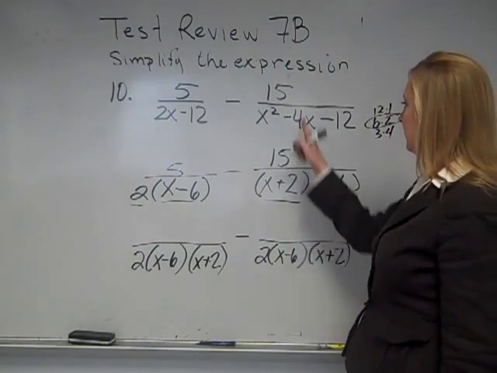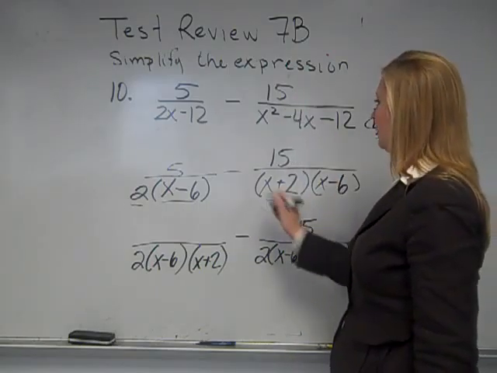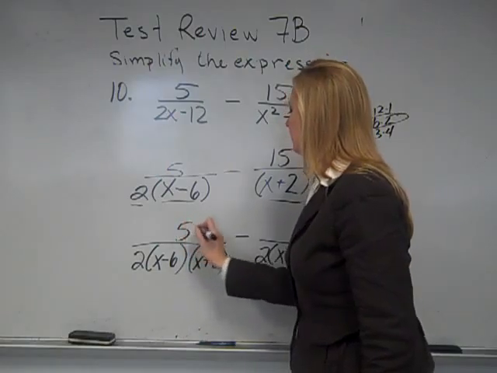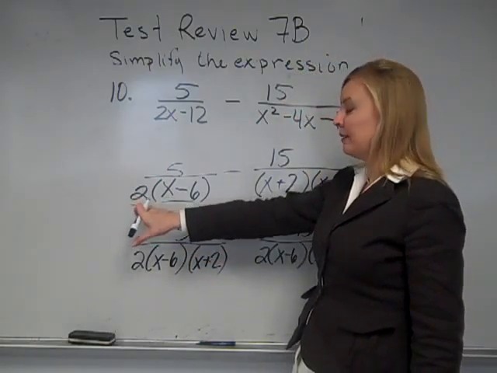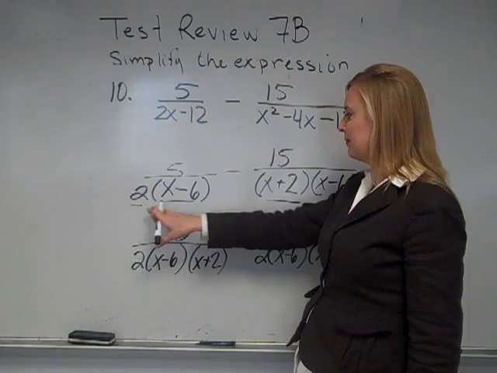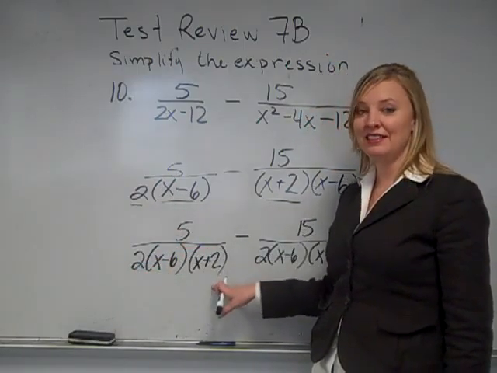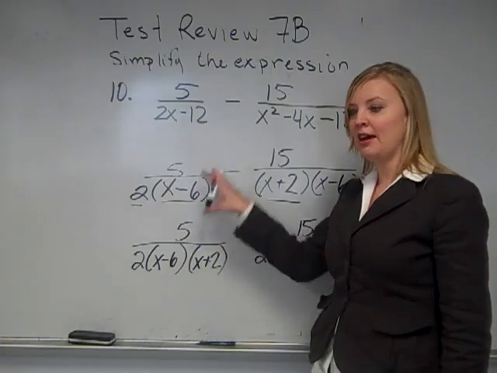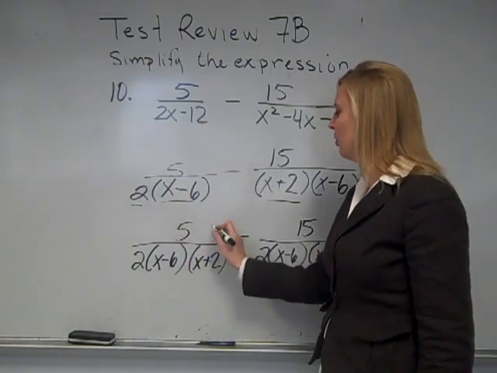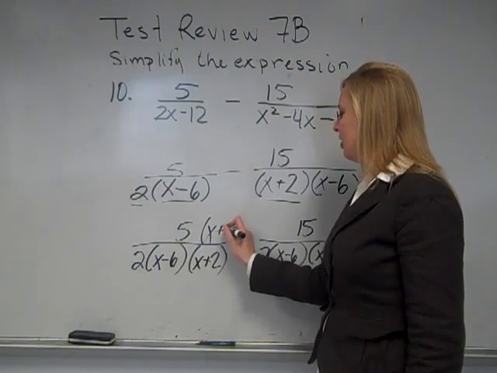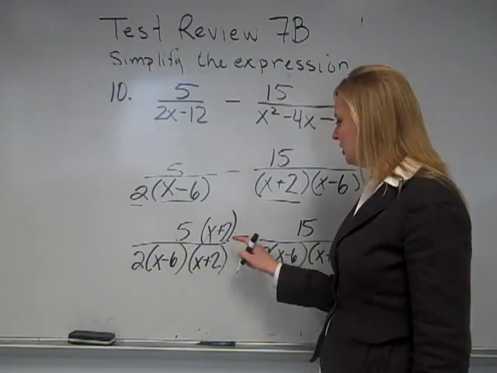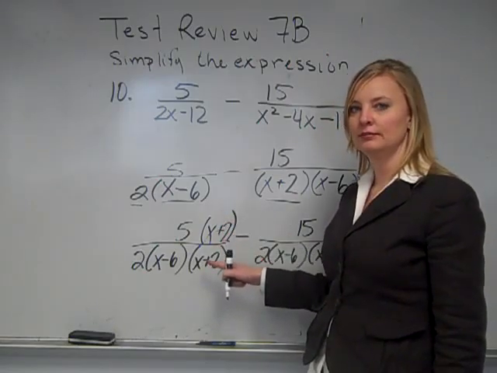All right, I had a 15 here, I had a 5 here. Initially I had in my denominator the factor 2 times x minus 6. I still have that. Now I can't just go invent this. I need to multiply my initial fraction by 1 whole, so let's also multiply the numerator by x plus 2.